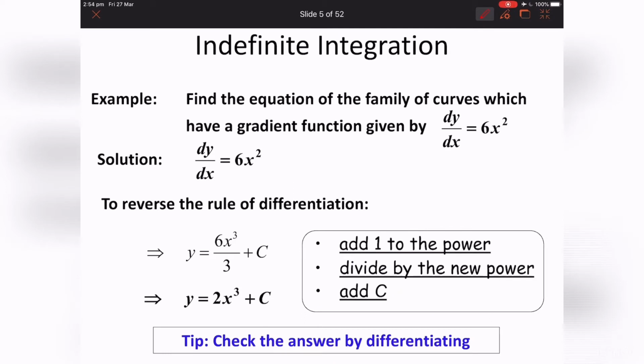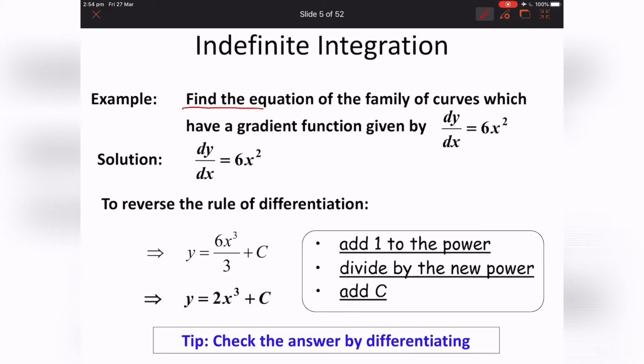An example here: find the equation of the family of curves which have a gradient function, that means dy over dx, equals 6x squared. As we said, integration is the reverse of differentiation.